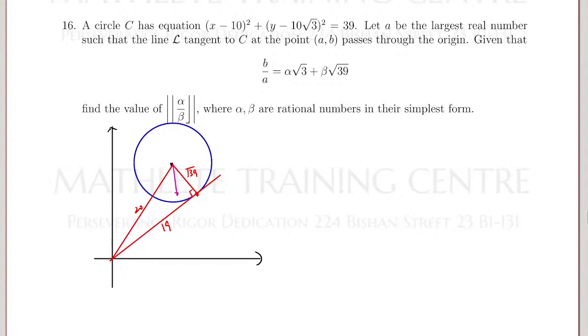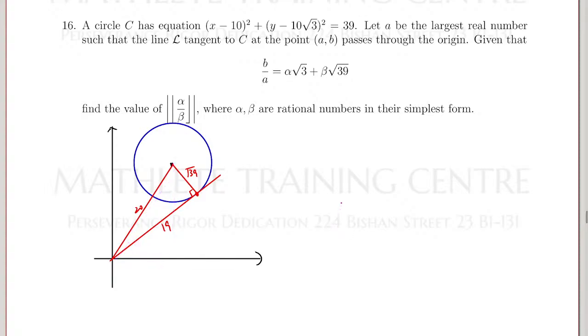It will not be similar because we don't know anything about this angle. This angle is the same as this angle, but that is not related to this angle. So there's no kind of similar triangle you can do for this. How do you do this then? Well, one thing that you do know is that this is a 60-degree angle, right? We know this is a 60-degree angle because this is a 30, 60, 90. So let's try to use it.